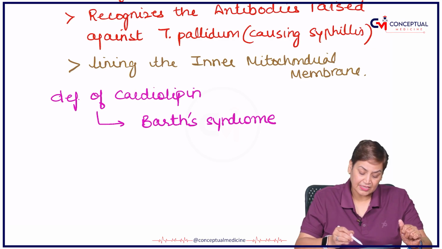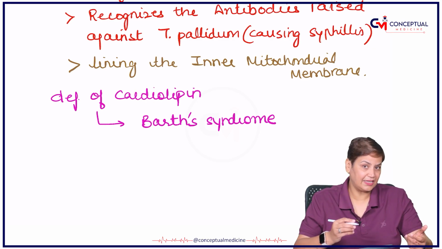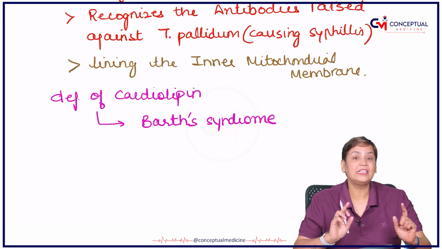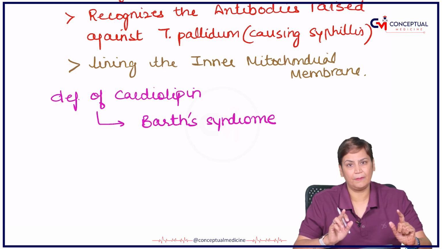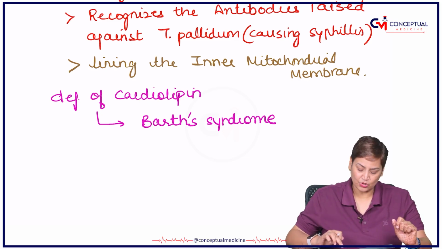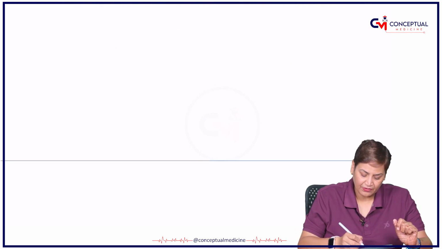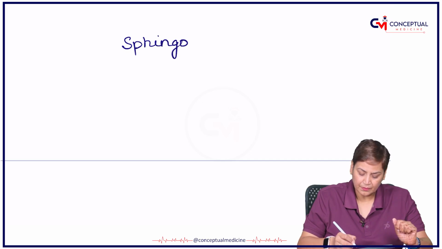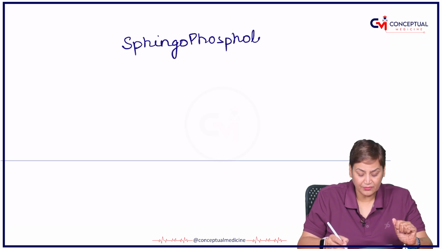Then we have discussed the second category. Second category is what? Sphingophospholipid. What we studied before was glycerophospholipid. So the second class is sphingophospholipid. Now see what is the difference here.